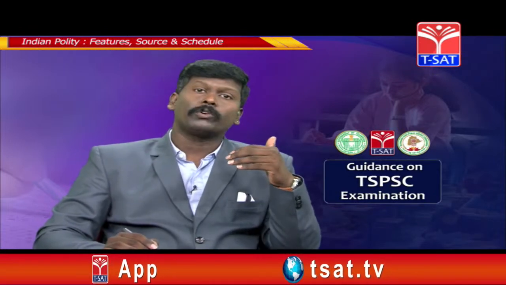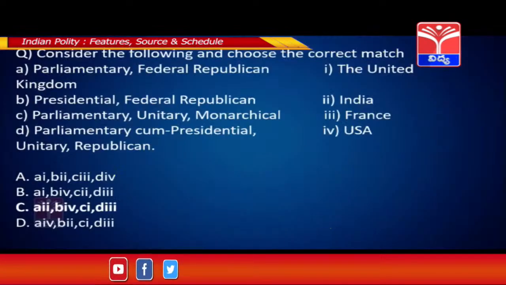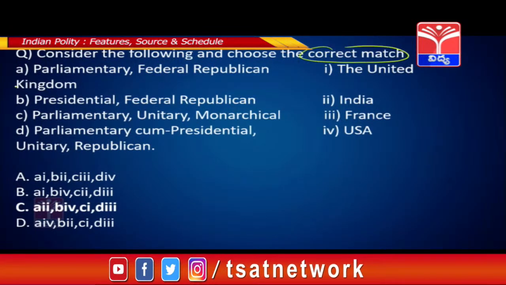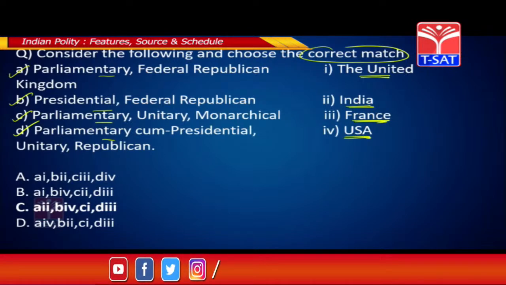Let me now go to question number 3. Consider the following and choose the correct match. See, here we have A, B, C, D. We have features, and we have USA, United Kingdom, India, and France. So we need to guess. Okay, let's try.